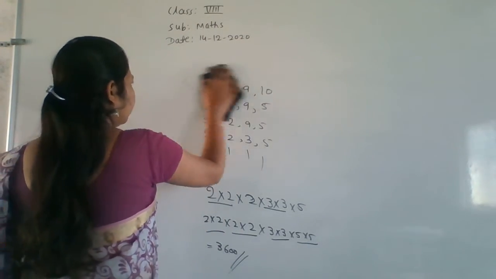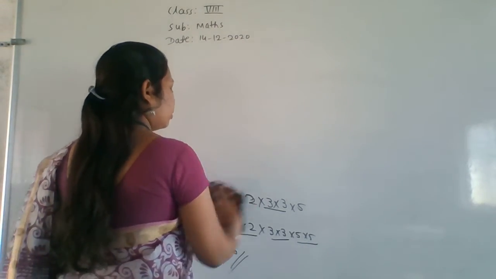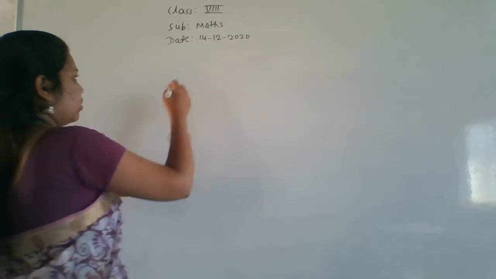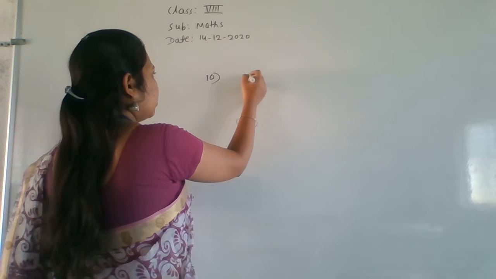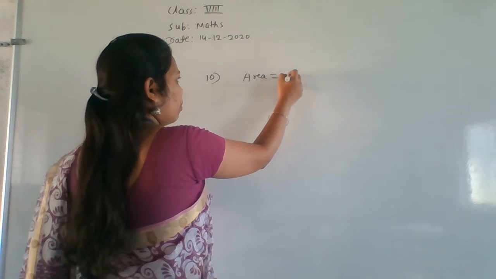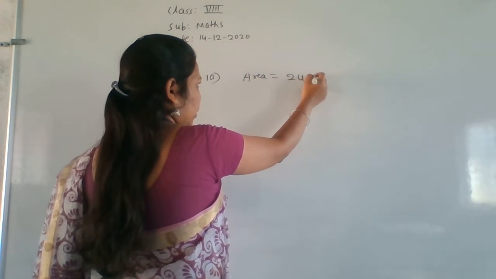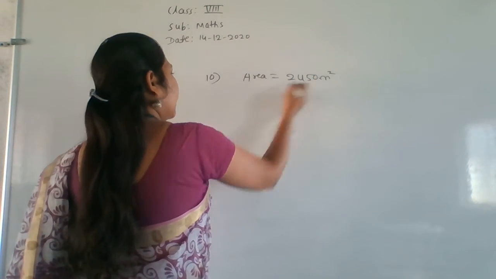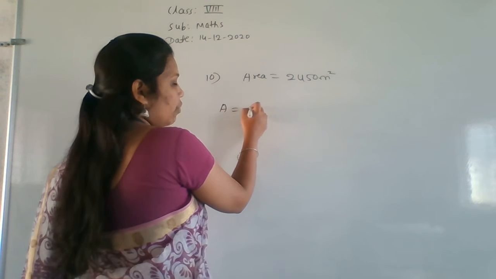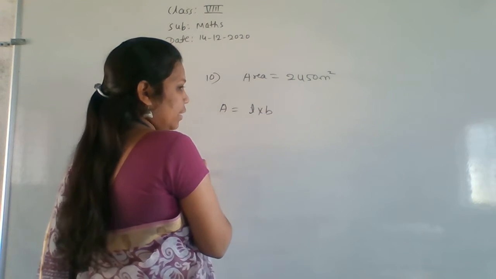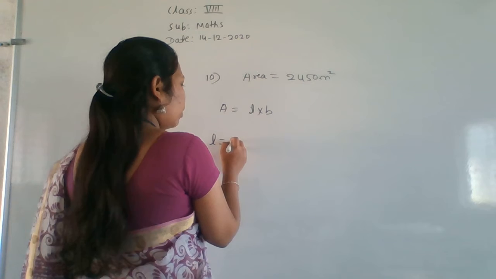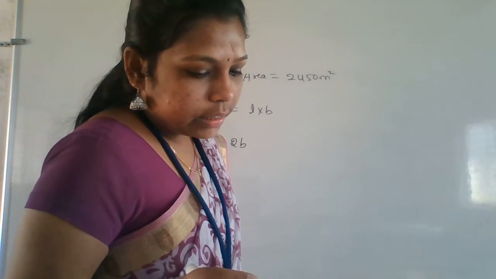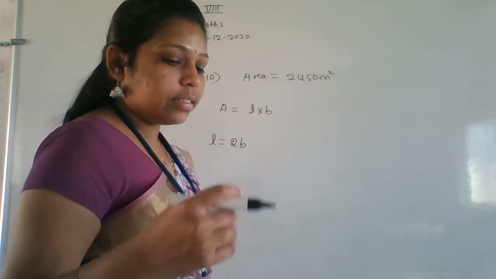For that, the area is given here, 10th one. Area is equal to how much? They have given 2450 meter square, right? So what is the area of a rectangle? The area of a rectangle is always L into B. And they told that length is equal to twice its breadth.